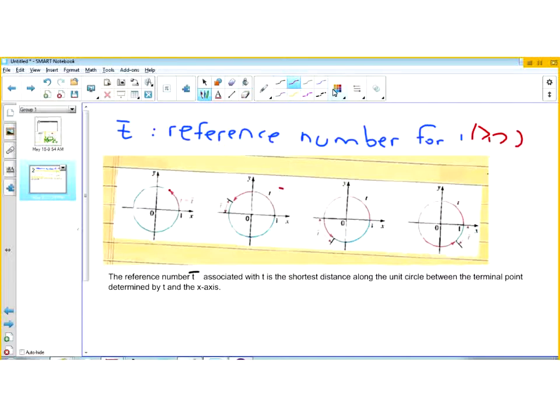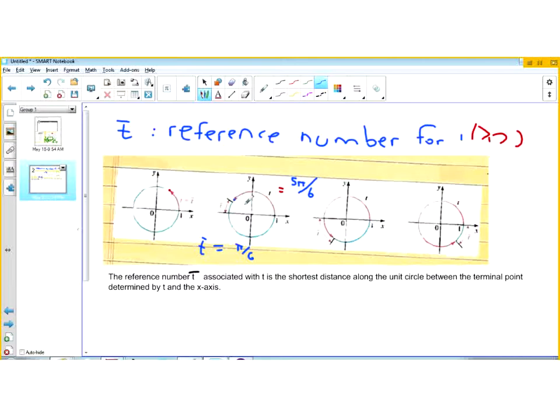My reference number, t bar, then: we start at -1, 0 and traverse along the circle to the terminal point. That would equal pi over 6, because it would be this distance. I'd have to go pi over 6 radians to catch up to the terminal point.